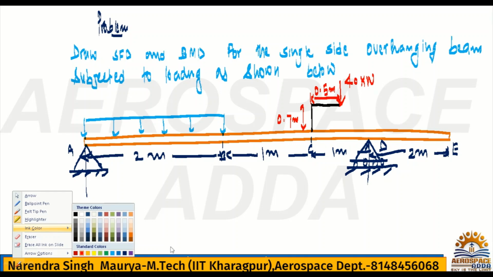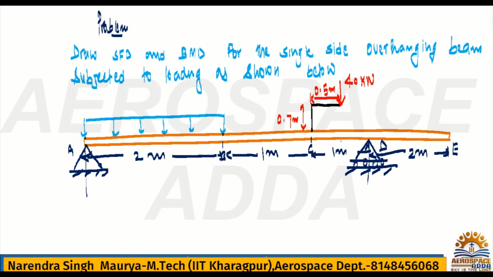Now next we have another load here, and this is the intensity here. The intensity is 30 Newton, and here the intensity is given. Everything I have given here, all the dimensions.